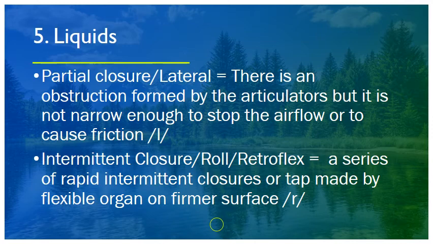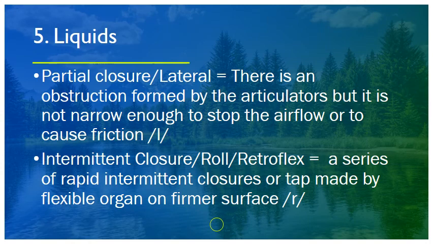The second liquid is intermittent closure or roll or retroflex. What is retroflex? A series of rapid intermittent closures or taps made by flexible organs on a firmer surface. So when you make the sound of r, you're going to find that your tongue is rolling in a very rapid intermittent closure.